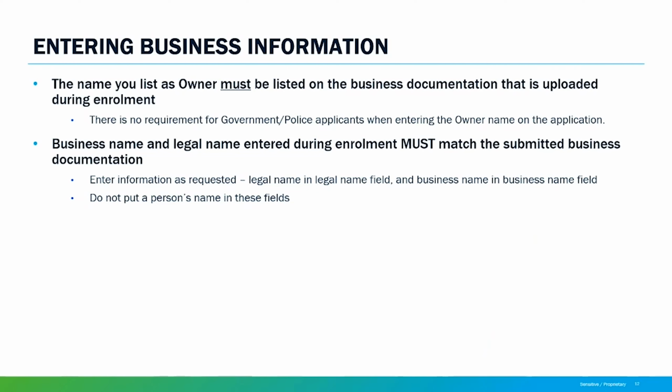That is, if the business documentation contains multiple names on the document, such as owner, president, director, or officers, then one of the individuals that's listed on the documentation must be listed as the owner of your business on the drive-on application. The owner name that you enter must be spelled exactly as it is listed on your business documentation.